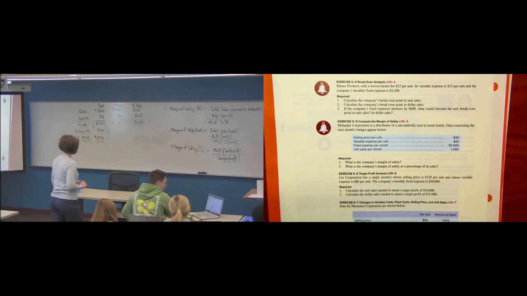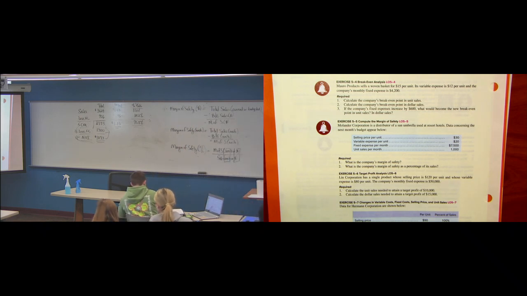5.4, 5.5, and 5.6. There's no link in Canvas yet. There will be. That is due Wednesday at the beginning of class, and I will go over that. 5.4, 5.5, 5.6. They each line up with the 3 things we covered today: the break even, target profit, and margin of safety.